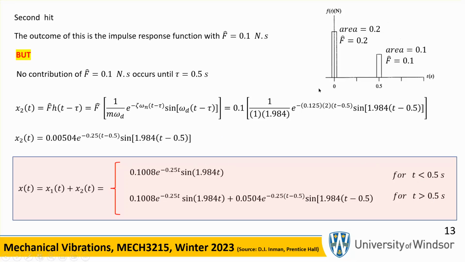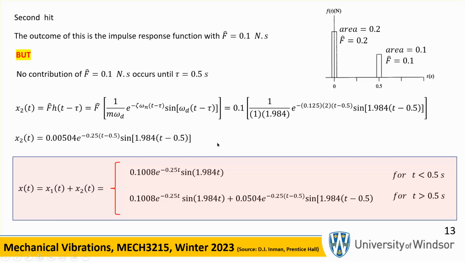After 0.5 second, we hit it, and the solution is whatever was there coming in plus the second piece. So after 0.5 second, it is going to be this guy written plus the x2 that comes from the second hit.